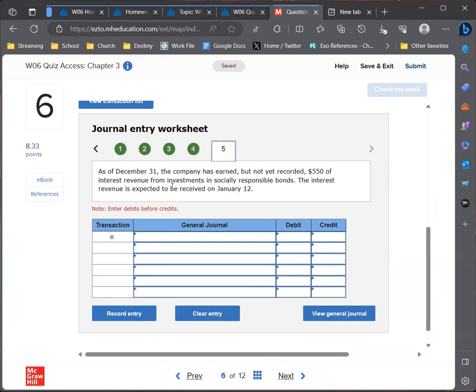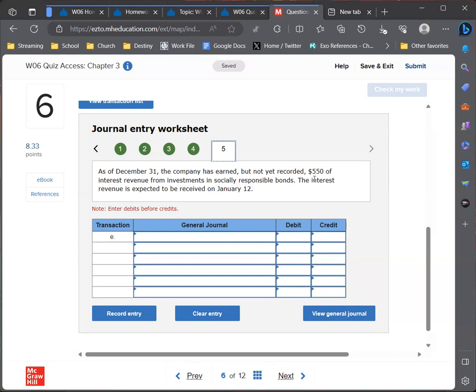Okay. Question 5 says, as of December 31st, the company has earned but not yet recorded 550 of interest revenue for the investments in, sorry, I stuttered right there, in socially responsible bonds.